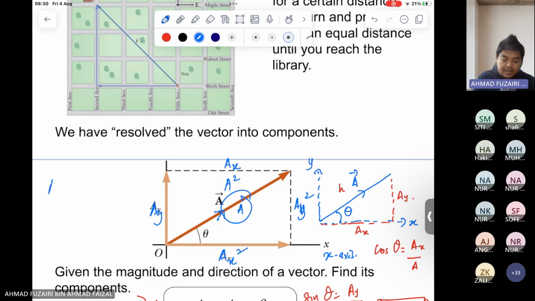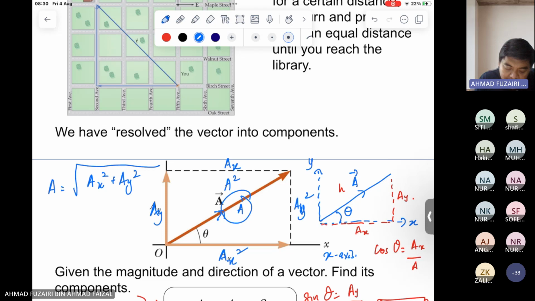Sebab itulah A equivalent to square root of Ax squared plus Ay squared. Dalam kes ini ada dua components which is Ax and Ay, so kedua-duanya di-square, and then of course di-square root back in order to get magnitude.